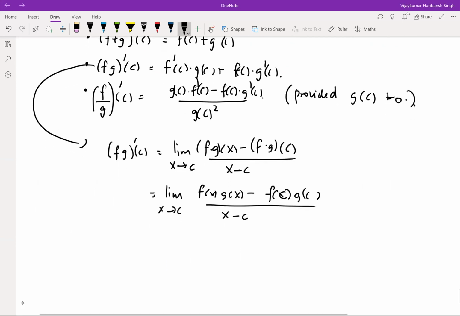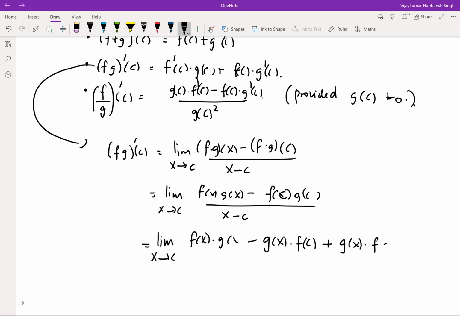And now I need to manipulate this. This is already the derivative, but I need to manipulate it to make it look right. I will subtract and add. For the first one, I want to have f prime of c, so I take g of x times f of c, and add and subtract this term. So I get g of x f of c minus f of c g of c, and then divide the whole thing by x minus c.